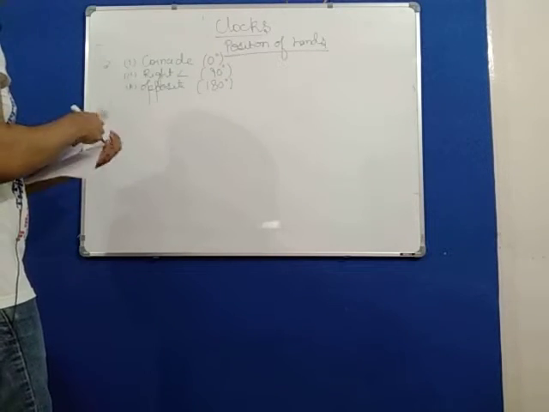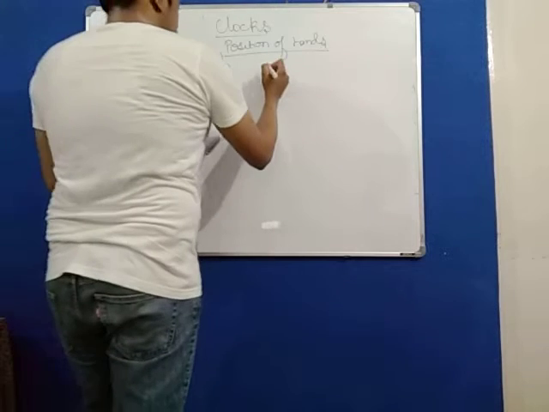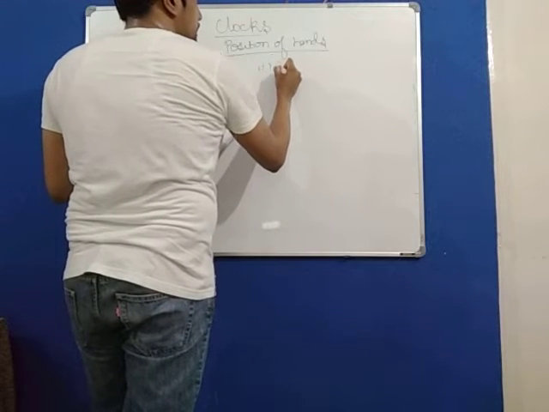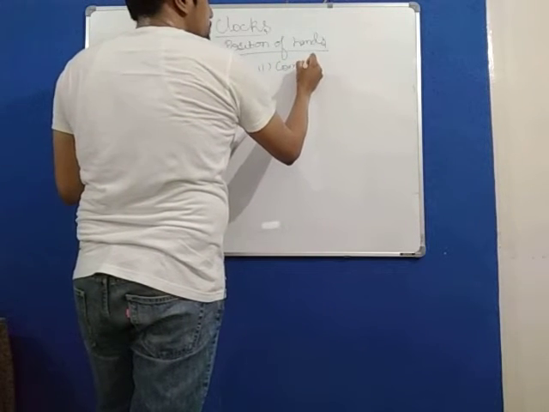Now first we consider the case of coinciding. First we consider the case when the hour and the minute hand coincide.